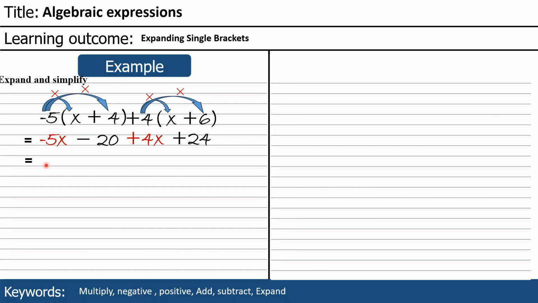So here we have minus 5x and here we have positive 4x. And then we group the numbers. So here we have minus 20. Always keep the sign in front of your number or variable when you're grouping. And then we have a positive 24.